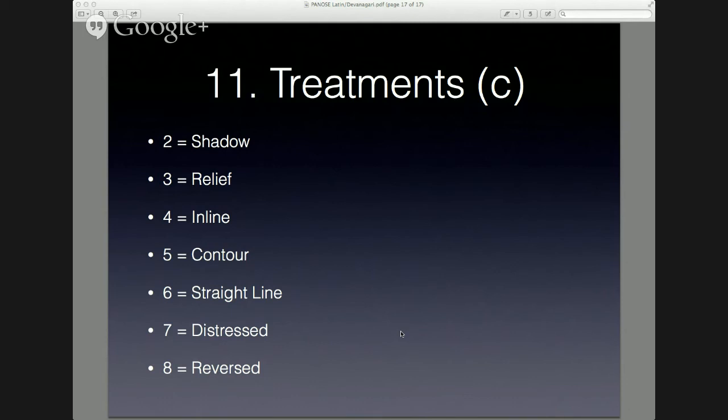So if it's a font that has a drop shadow behind it, or it's in relief, or it's inline or outline, which is contour, or it has no curvature, or it's got a distressed edge, or it's reversed out, those are valid fonts, and it'd be nice to be able to track them and say it's either normal, and I kind of forgot normal there, didn't I? I should put normal in. So it's either normal or it's got some of these treatments on it.